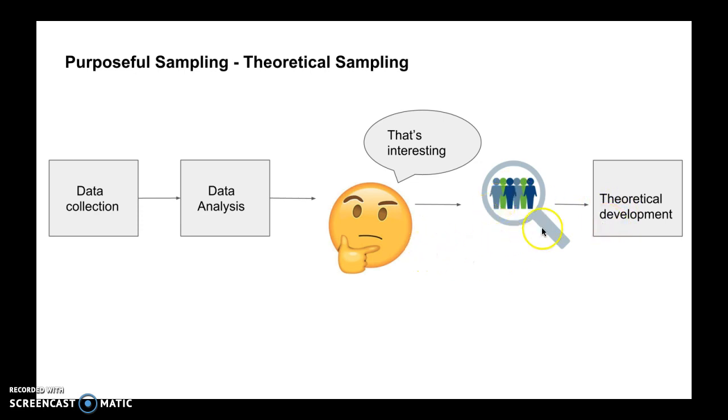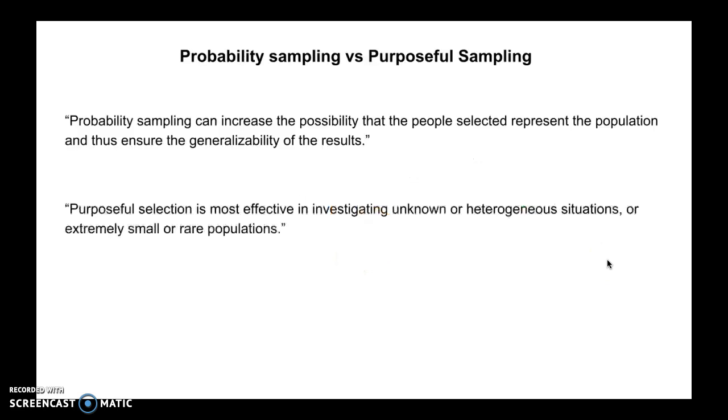And then you decide to look for people who may confirm, may tell you information that verifies your assumptions. So the criteria for sampling is based on the theory or constructs you found in the data analysis process. This is widely used by grounded theory researchers because they want to contribute to theory or propose their own theory.